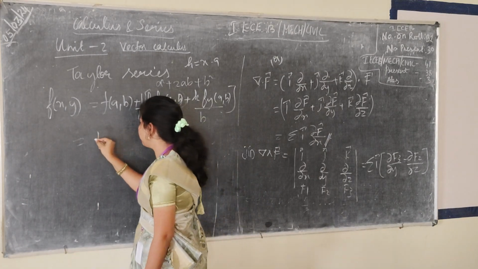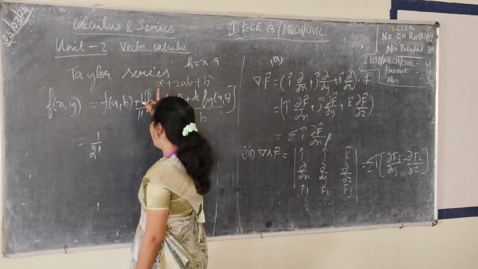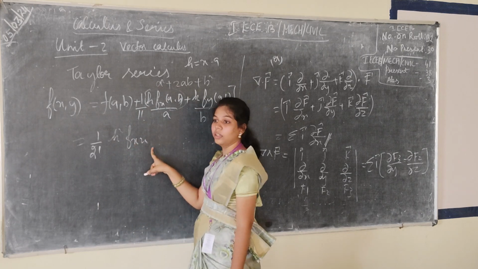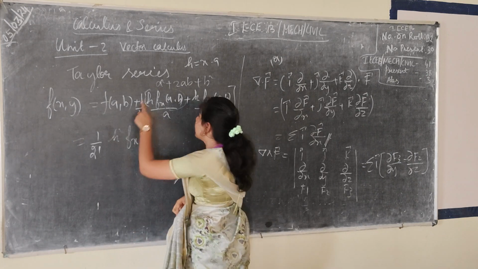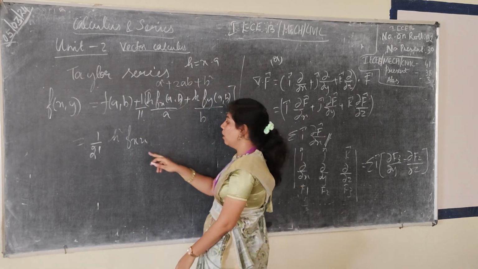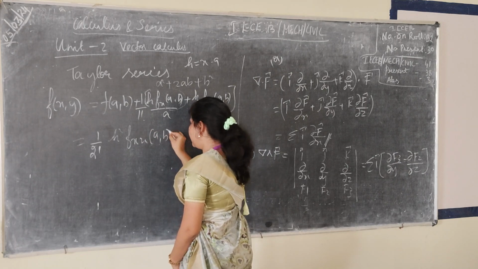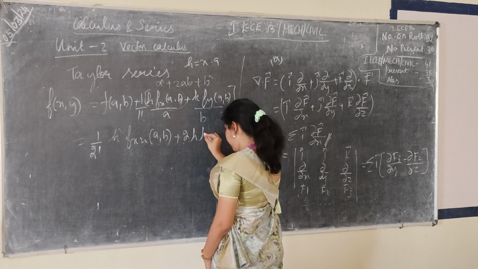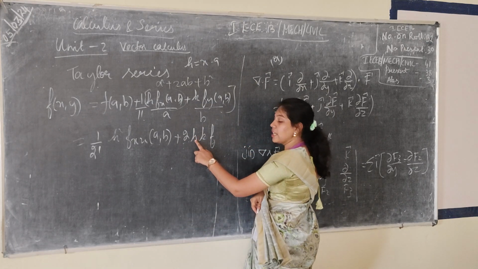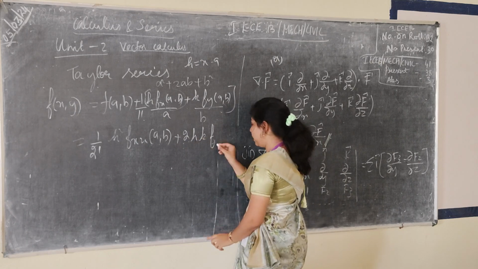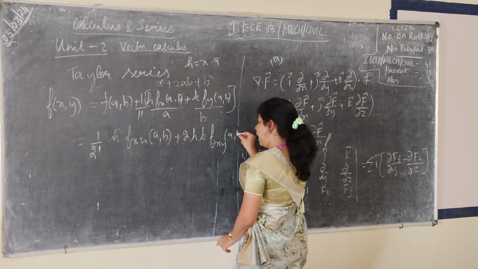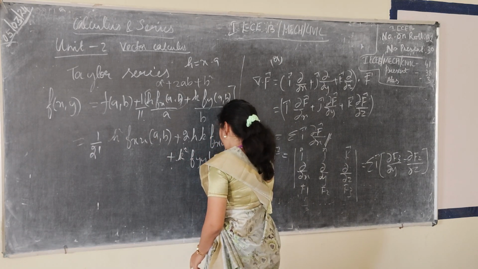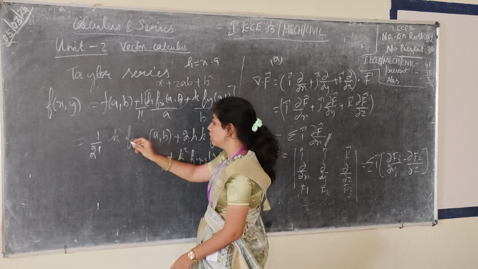So you get 1 by 2 factorial, h squared fxx, where h represents x minus a, so fxx of (a, b). Next, 2ab: 2 into h k, f of xy of (a, b), plus k squared fyy of (a, b). That's all.